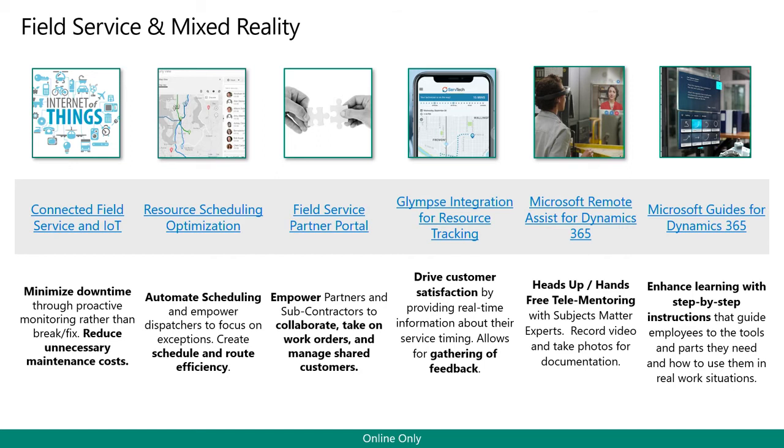Field service and partner portals, so your partners can actually take advantage of the portal, make the most of it, help you expand. Glimpse integration for customers to be able to keep track of where the technician might be. Remote assist, like I said, cutting edge technology, and this is available online only.